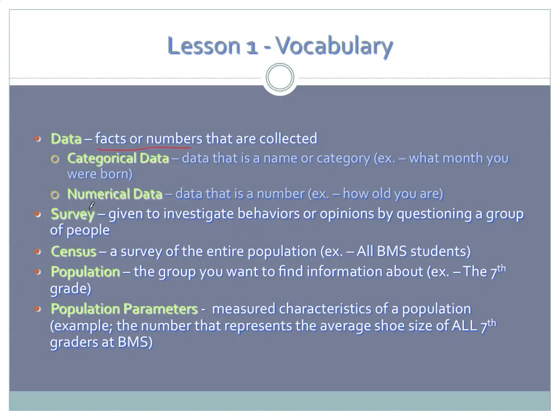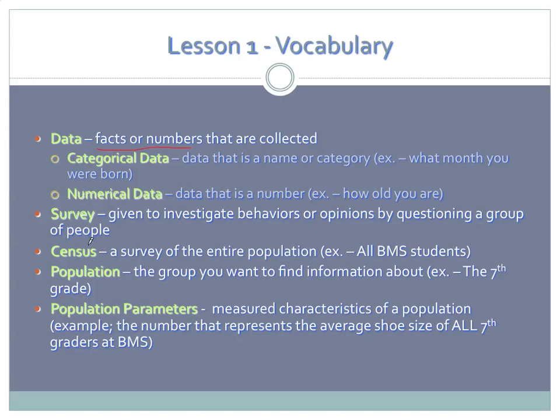The second term is survey, and a survey is how we often get our data. It is given to investigate behaviors or opinions by questioning a group of people. A lot of times to find our data, we will produce a survey and then hand it to some individuals to take.